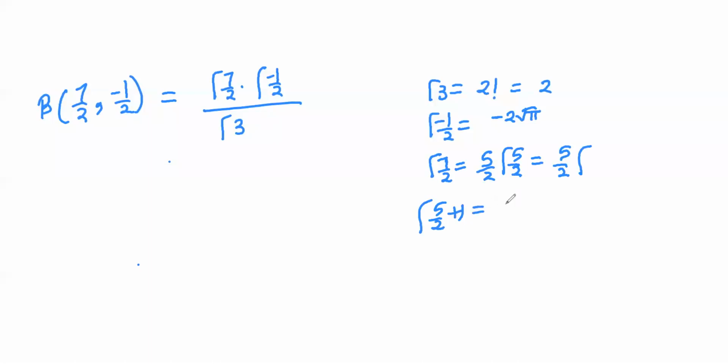So gamma n plus 1 is n gamma n, so 5 by 2 gamma 5 by 2. Then gamma 5 by 2 will be 5 by 2 gamma 3 by 2 plus 1.